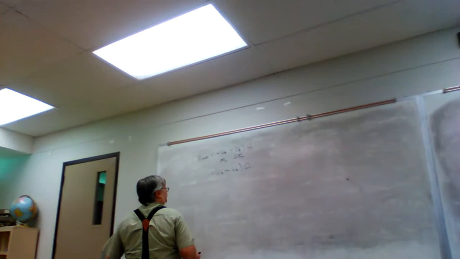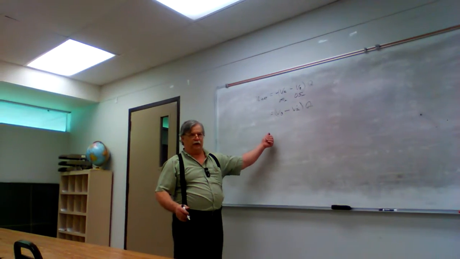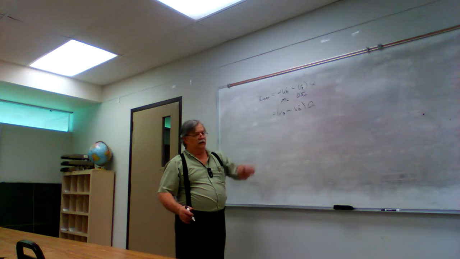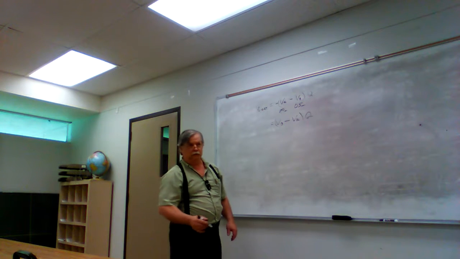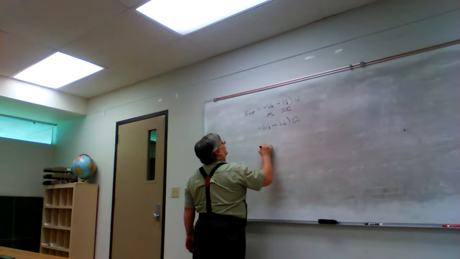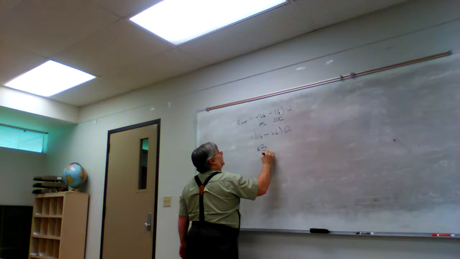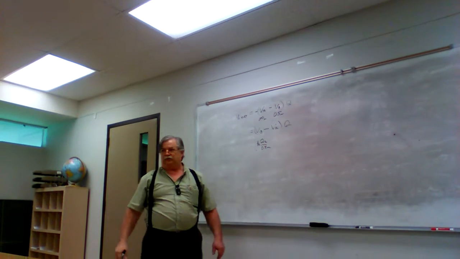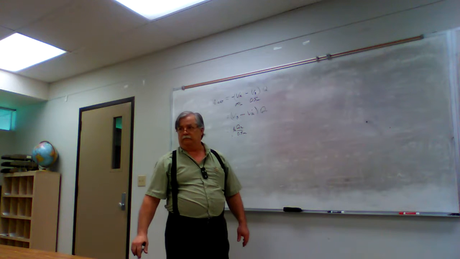So now we need to know what is the voltage, what is the potential at point B due to the point charge Q sub 2. It's K times Q sub 2 divided by 0.5 meters, the distance from it.